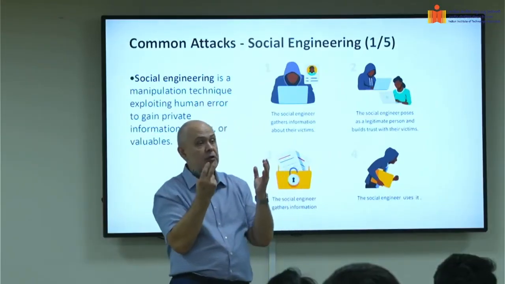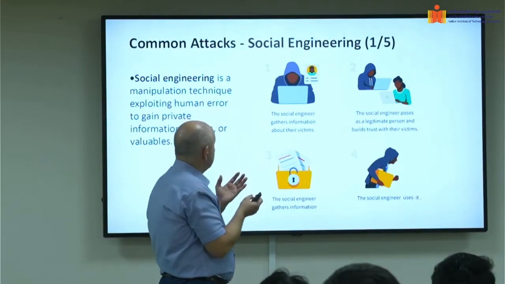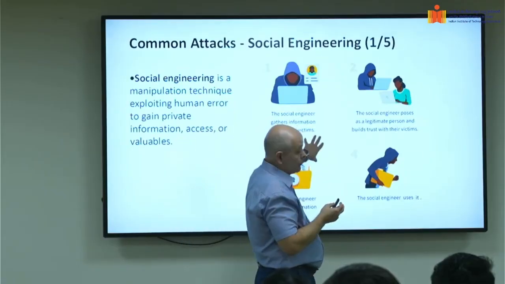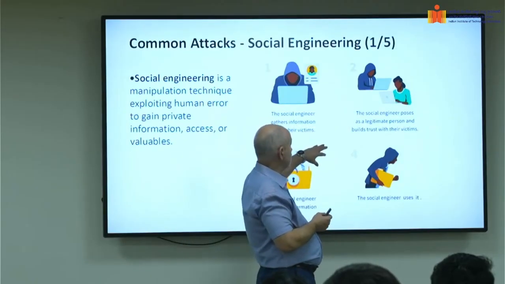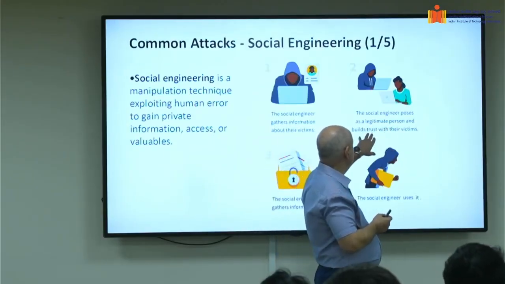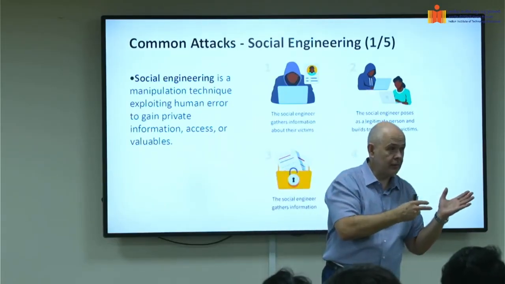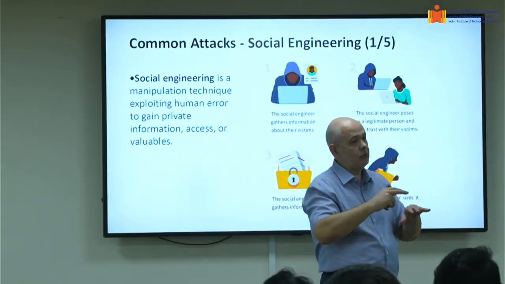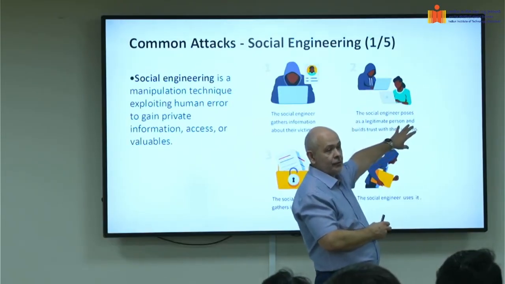Usually it is directed against companies or governments. Then he poses as a legitimate person and builds trust. For example, he knows your boss and your friends, and could talk in the name of the boss or your friends.